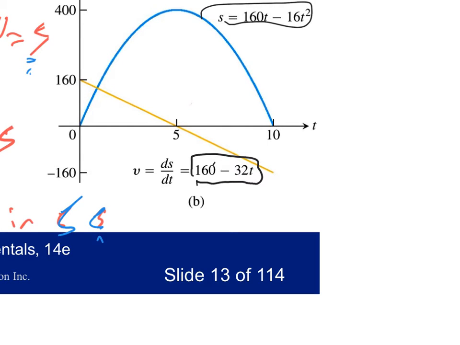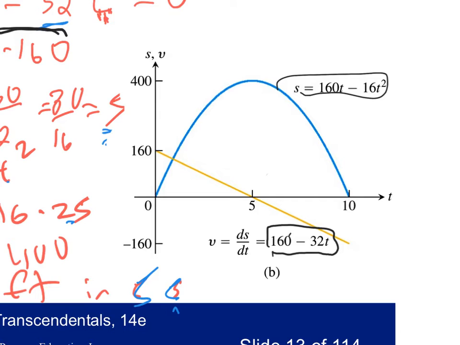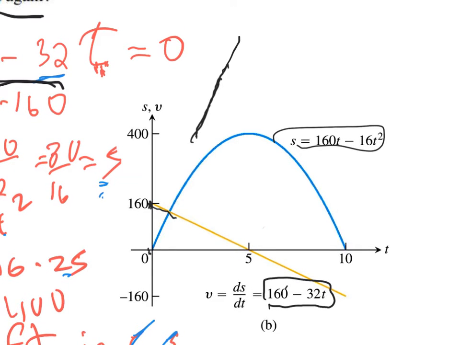So check it out. This is really cool to compare the two graphs graphed in the same plane. At zero, when the rock exploded up in the air, the velocity was 160. Positive velocity because the rock is going up, up, up real fast. As time goes by, it's slowing down. It's still going up, but it starts out going fast and slows down because gravity is pulling it.